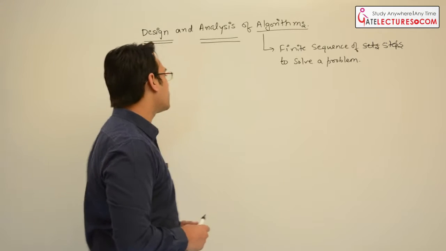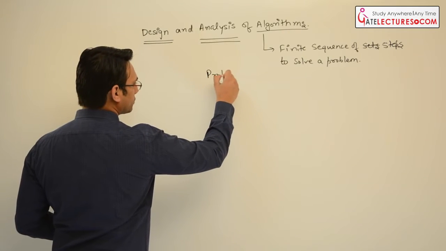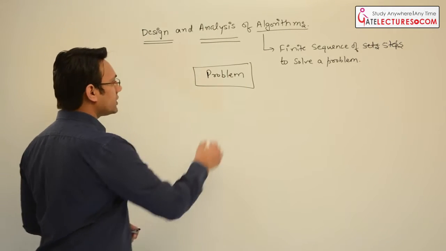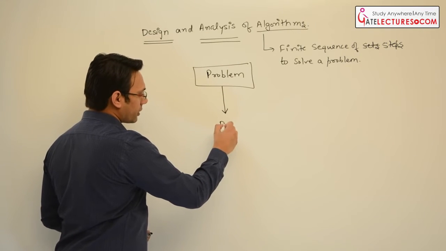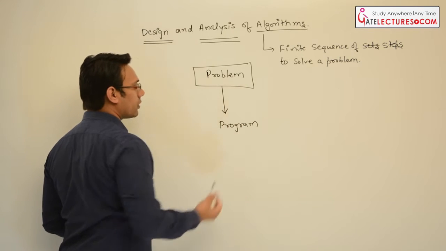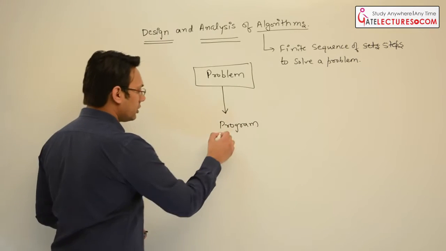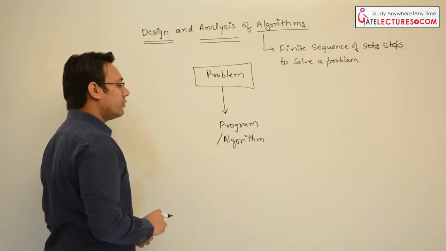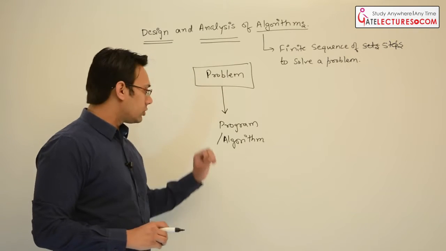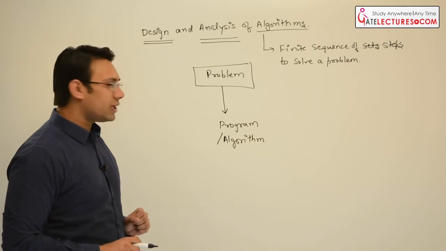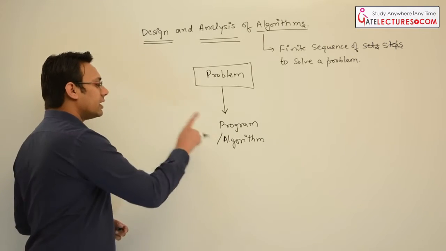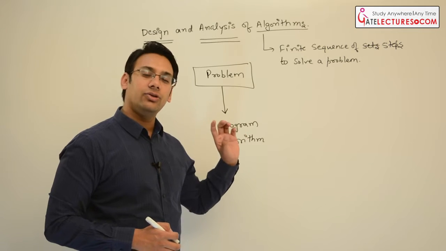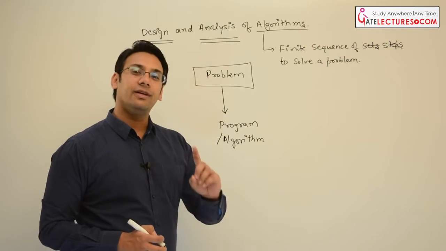Let us suppose you have a problem. To solve this problem, you can write a program, or you can give an algorithm which tells you the finite steps you should take to solve it. But it does not necessarily mean that you are going to have only one program or only one algorithm.